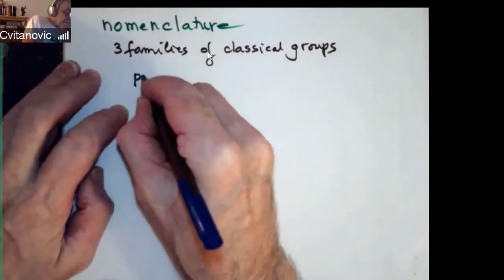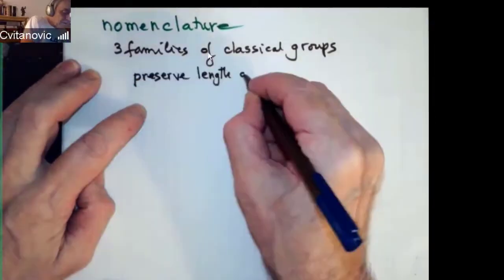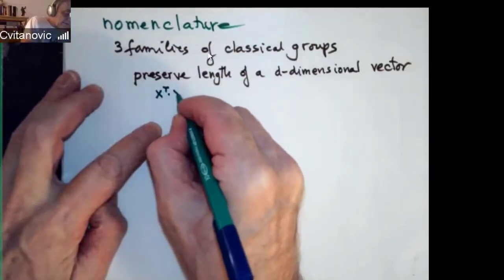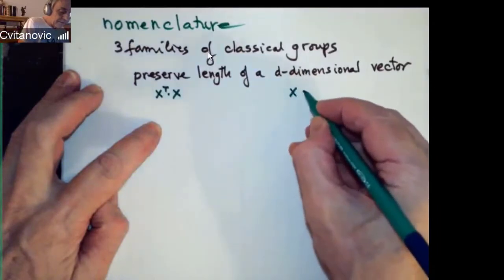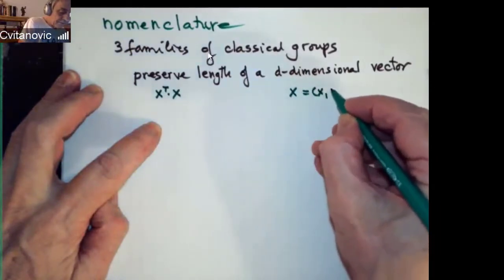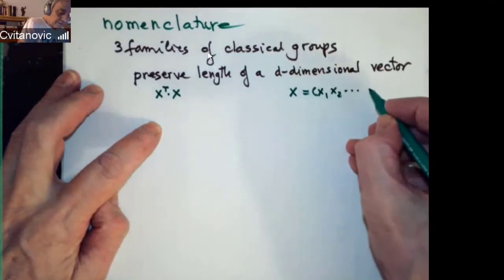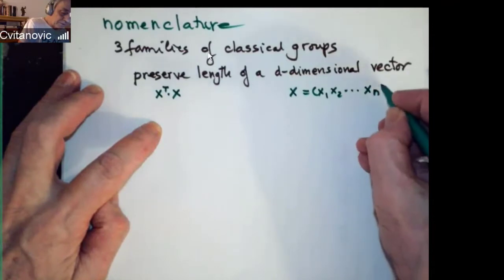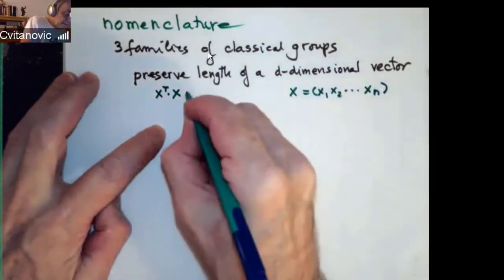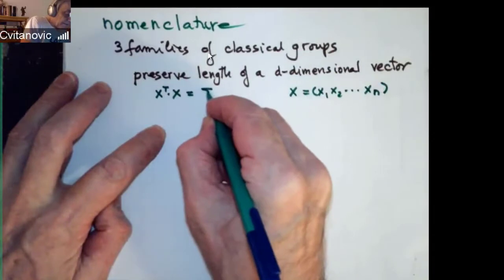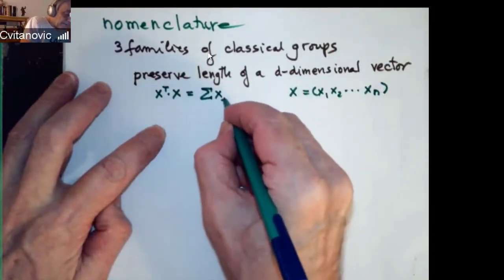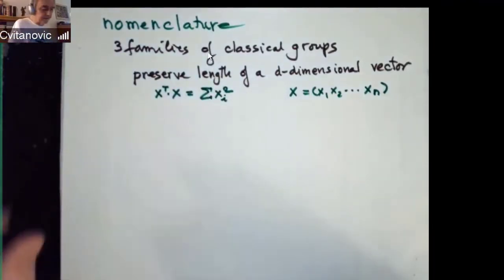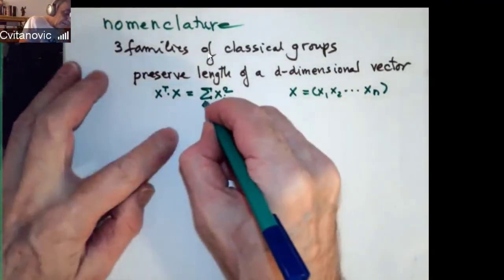If you want to preserve Euclidean length of the n-dimensional X transpose times X, where X is a vector with components 1, 2, let's say n components. So this is just the sum over x_i squared. So this is the Pythagoras theorem definition of length squared.